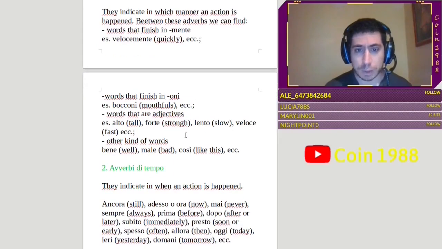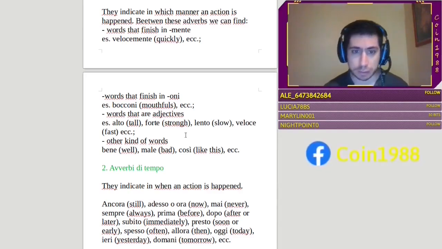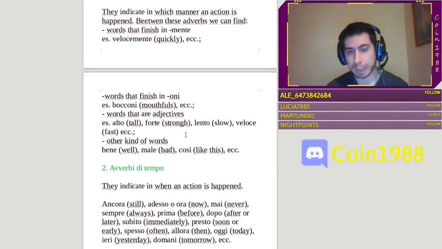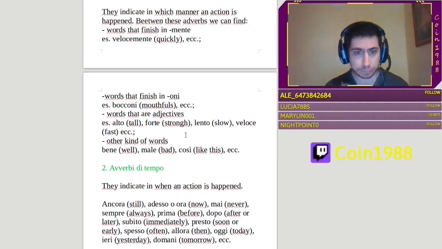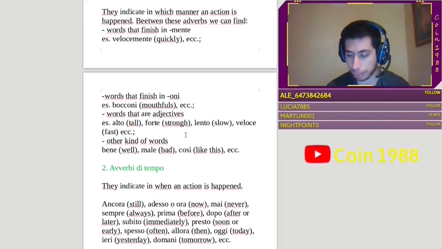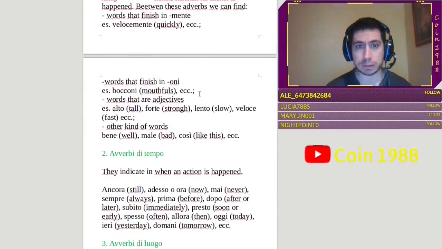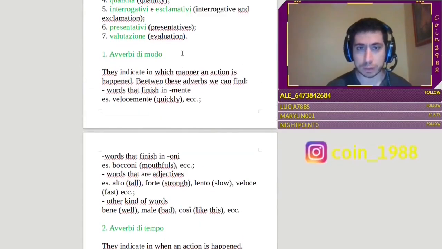And you can find other kinds of words like bene, that means well, male, that means bad, così, that means like this, etc. Always remember that they need to answer the question how. This is the adverb of manner.